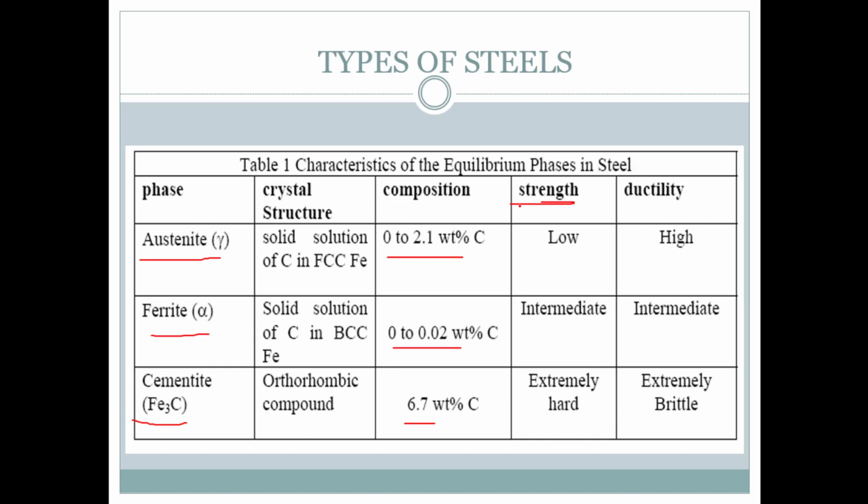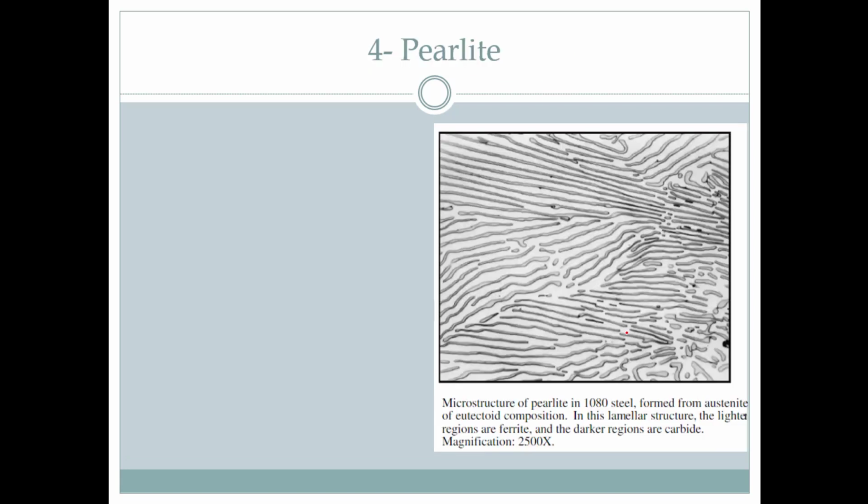This is very important regarding strength and ductility. Cementite, because it has the highest amount of carbon, is extremely hard and at the same time very brittle. In terms of ductility, the austenite is very ductile, and in terms of strength, it's very low. So this one represents the average behavior in terms of strength and ductility.